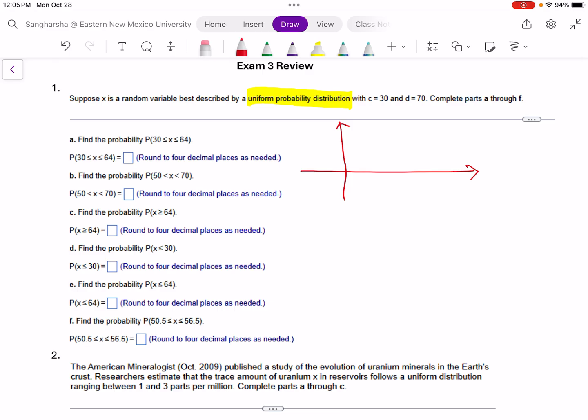Now in order to draw this probability distribution, we need to find the function. How do we find our function? What is f of x equals to? You will be provided with the formula sheet.